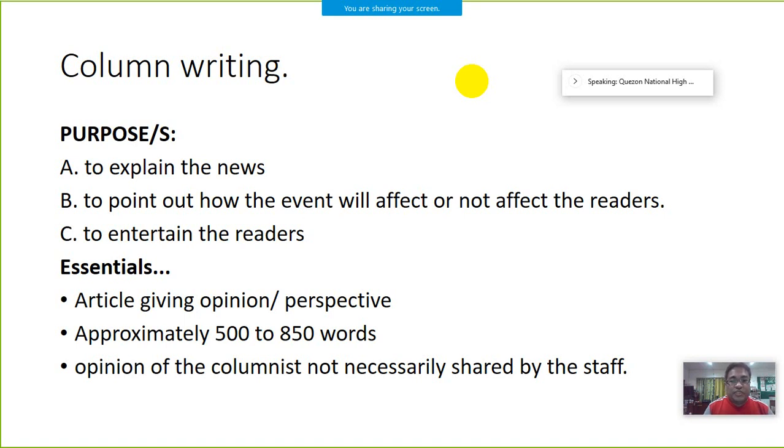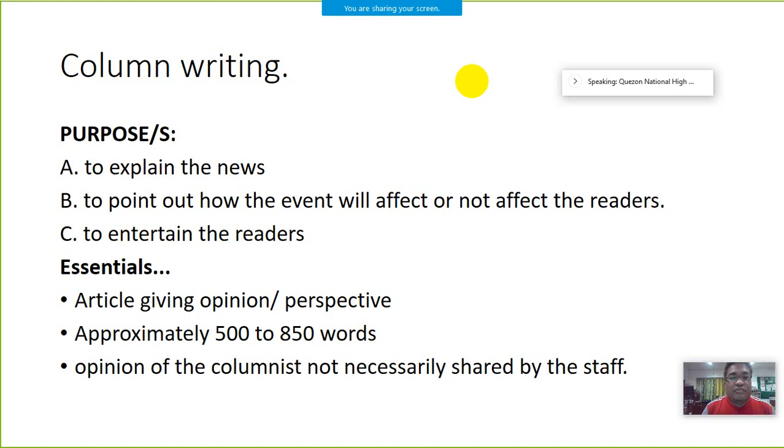First and foremost, columns try to explain the news. So it delves deeper, it discusses further what is presented in a fact-based news. So it's news beyond the news somehow. It goes beyond the mere who, what, when, where, why, and how. So in short, it explains the news.